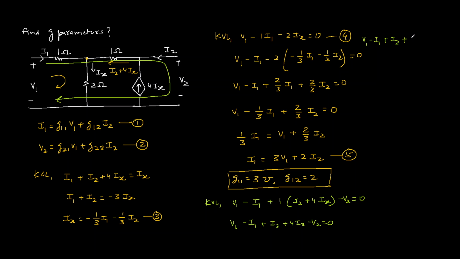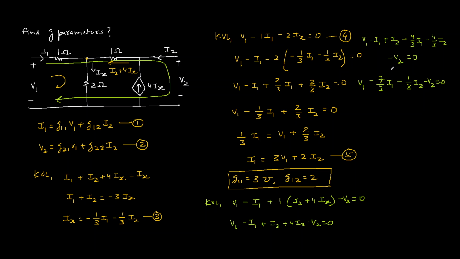So this will give minus 4 by 3 I1 minus 4 by 3 I2 and then minus V2 equal to 0. So we have V1 and minus 1 minus 4 by 3 is minus 7 by 3 I1, and 1 minus 4 by 3 is minus 1 by 3 I2 minus V2.